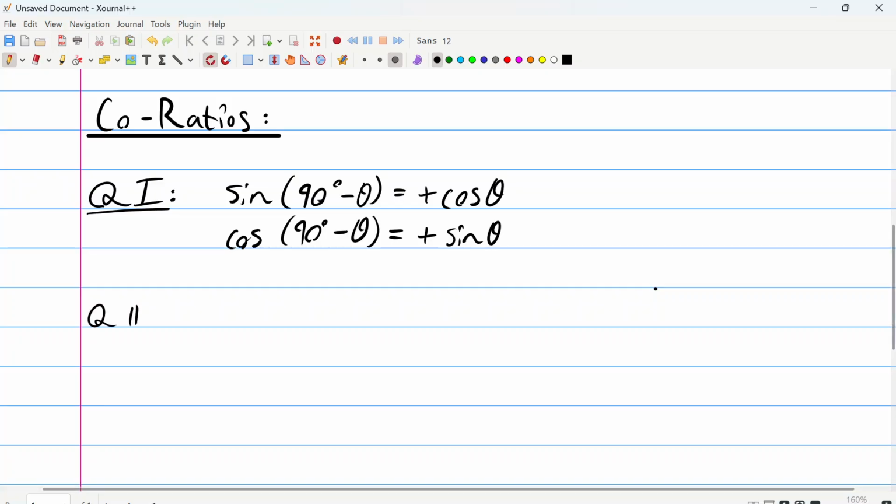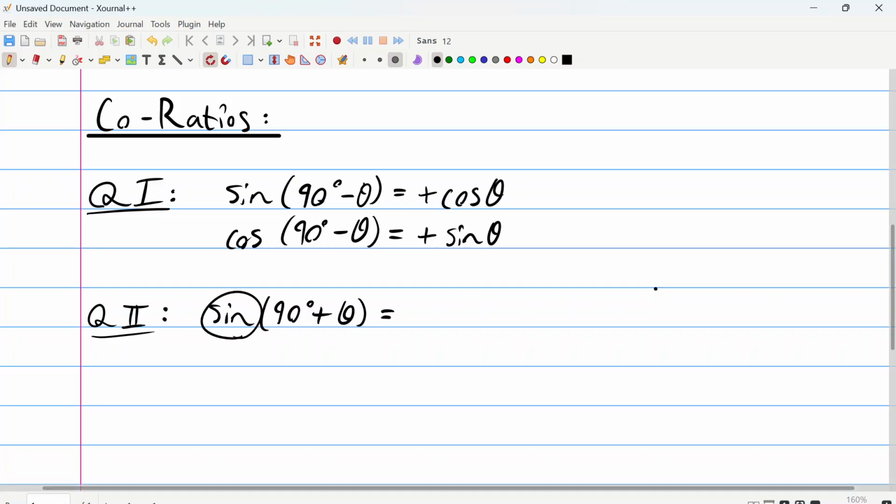Now we're going to be dealing with those in quadrant 2, right? Because we dealt with 90 degrees minus theta, but what about 90 degrees plus theta, which is in quadrant 2? So what about sine of 90 degrees plus theta? What is that going to be? Now we're going to look at the quadrant first. Notice that it's in quadrant 2, okay? 90 degrees plus theta is in quadrant 2, which means that it is where sine is positive.